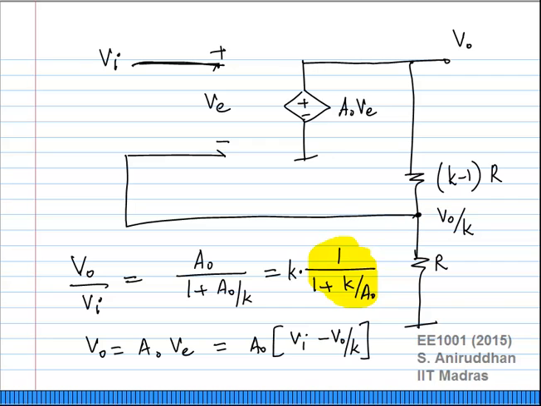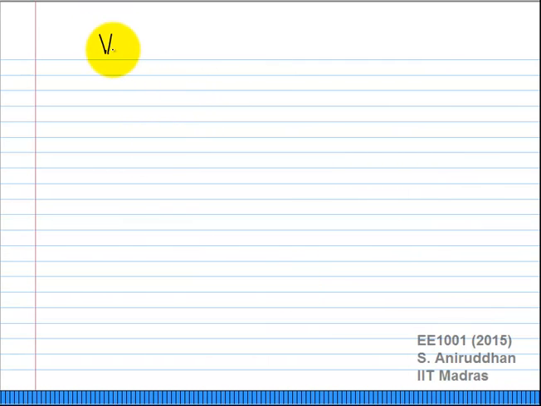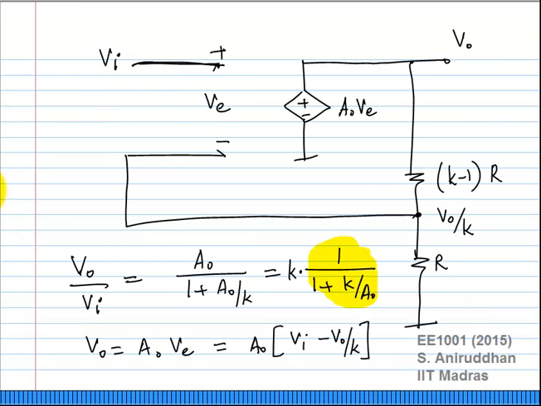What is VE in terms of VI and A0 and K and so on?